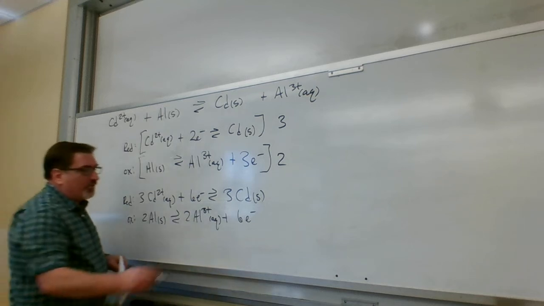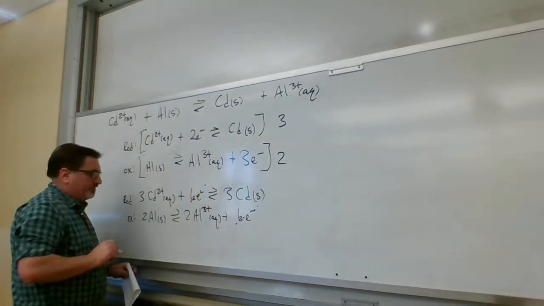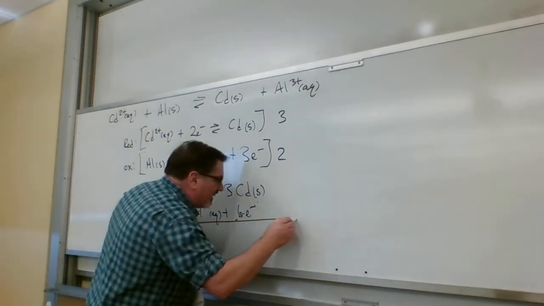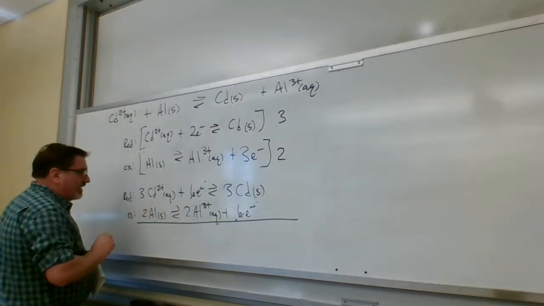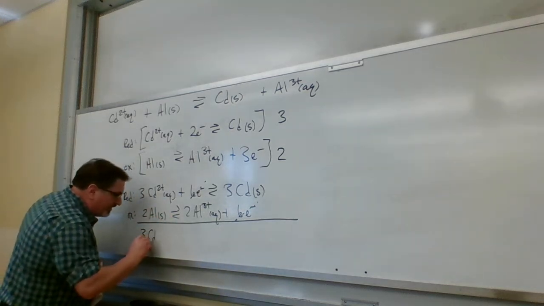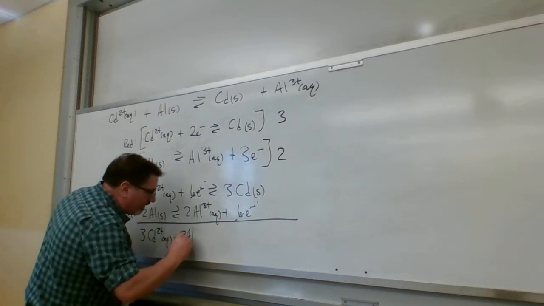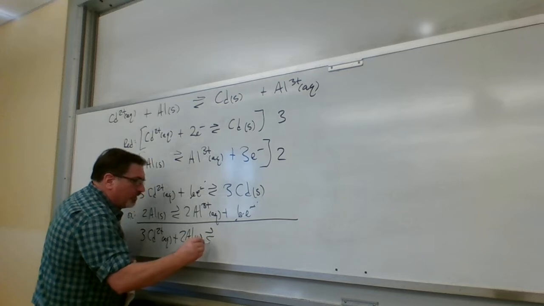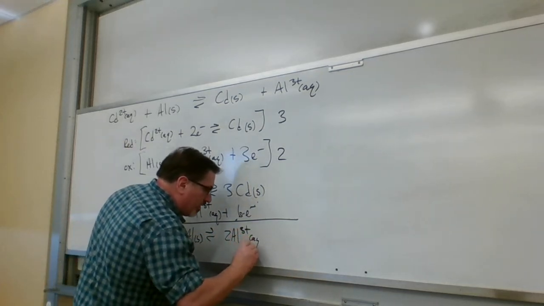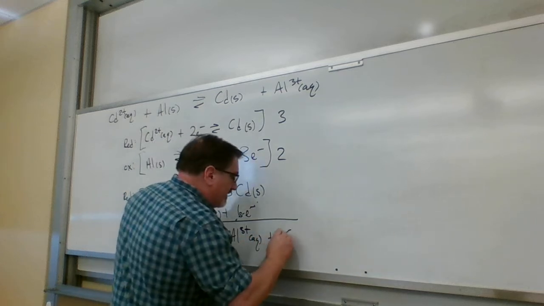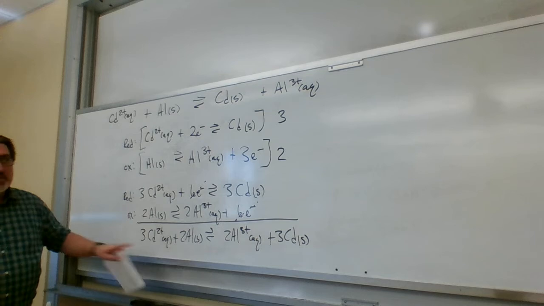And we cancel what will cancel. Our 6 electrons cancel. So our balanced equation, the first part that we were supposed to come up with, what's the balanced electrochemical process? 3 Cd2+ plus 2 Al as a solid, making 2 Al3+ plus 3 Cd as a solid. So there's our balanced reaction.